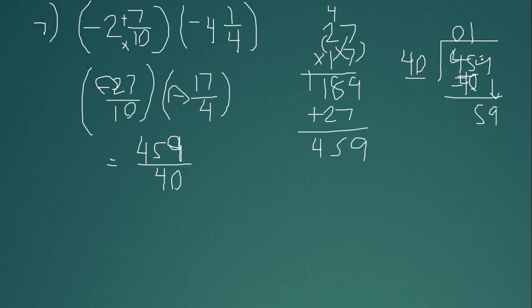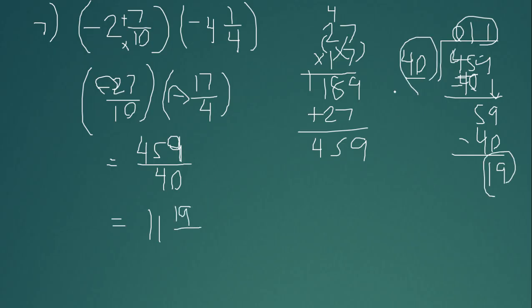How many 4 is 59? 1. 40 is 19. So the answer is 11 19 over 40. This is our final answer.